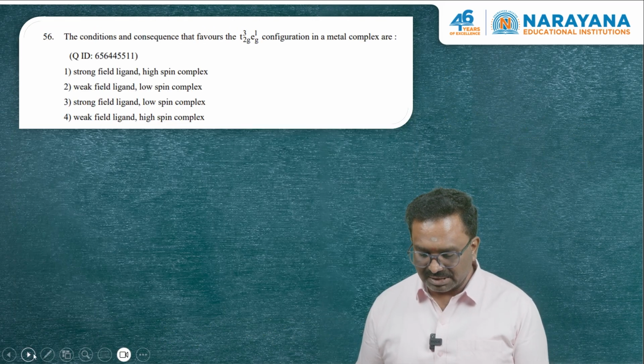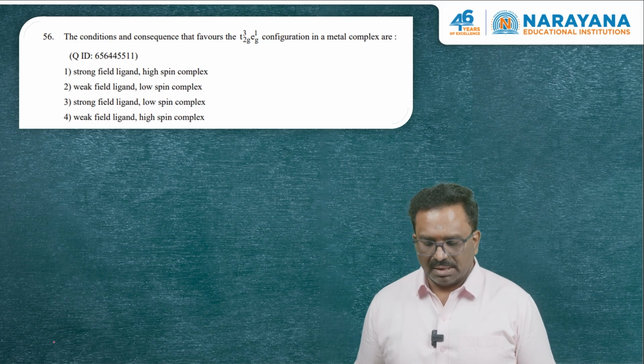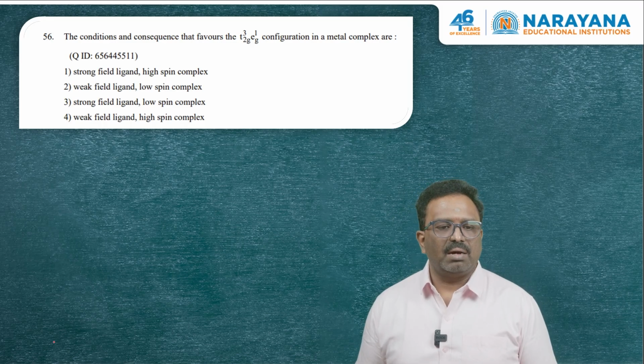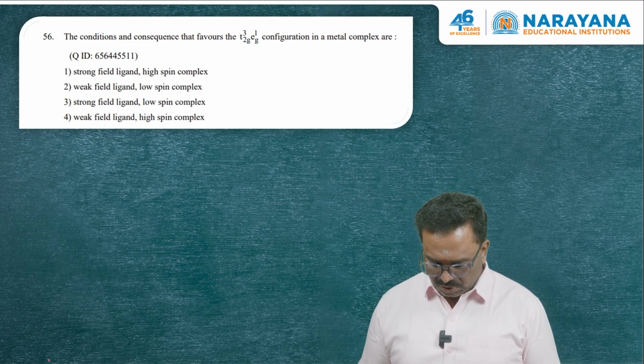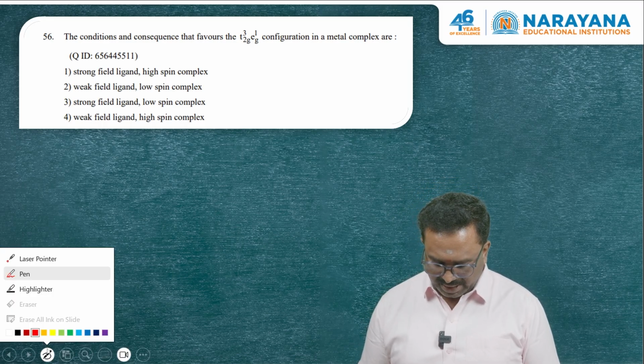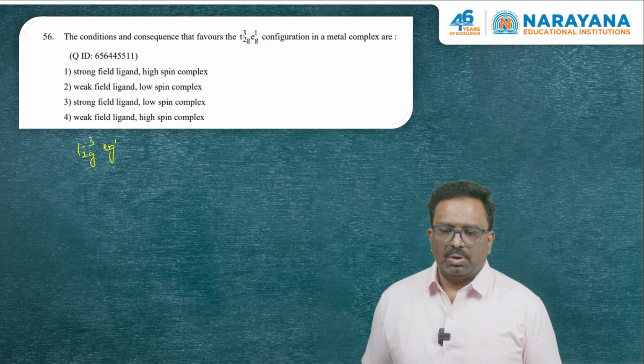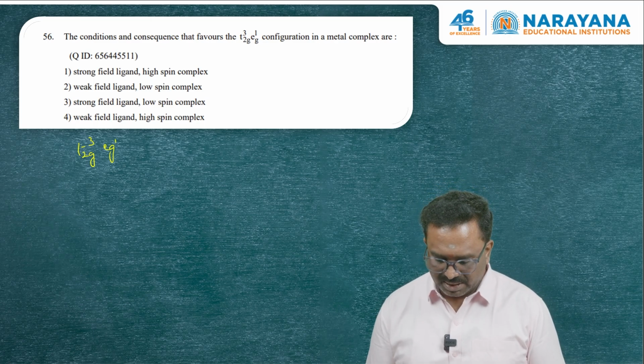The conditions and sequence that favor t2g3 eg1 configuration in a metal complex are. So what is mentioned here is t2g3 eg1. Here we have two sets of d orbitals.